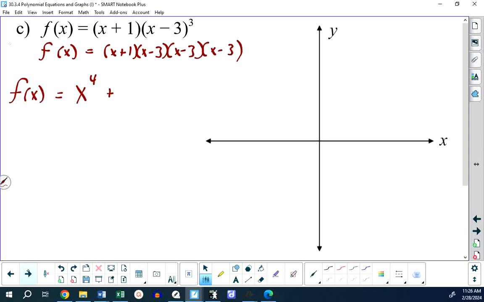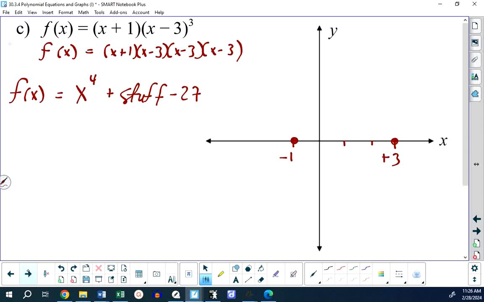If you want, there is some filler in here in this polynomial sandwich, and then it is minus 27. So the y-intercept is negative 27, but that's not helpful in drawing it. I don't even want you to look at that, really. I hope you agree the x-intercepts are -1 and +3.